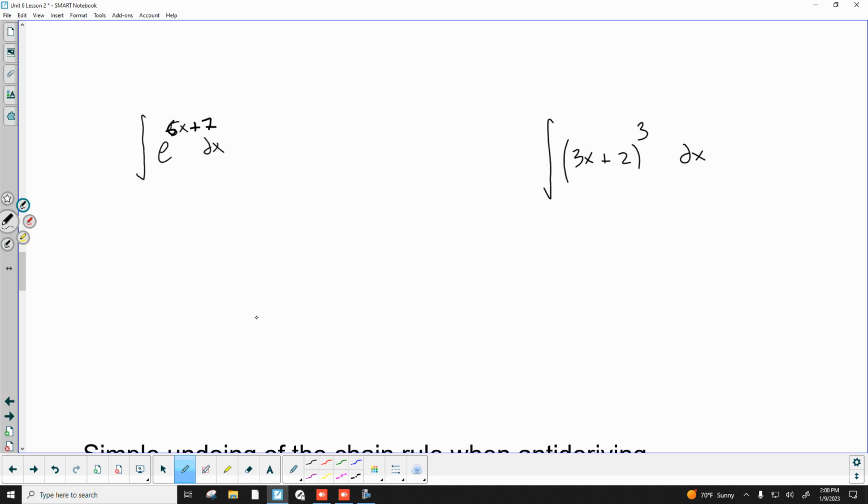Give it a shot. E to the 6x plus 7. Maybe instead of thinking power rule, maybe use a set of parentheses. So you're like, oh, that's like e to the parentheses.